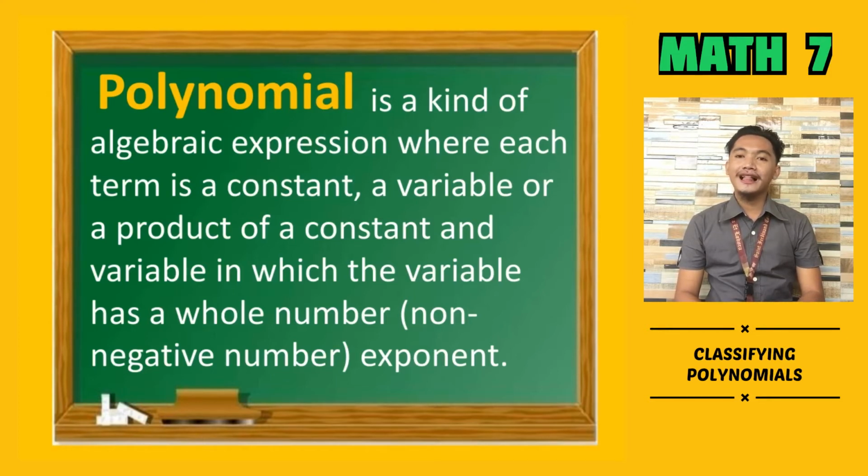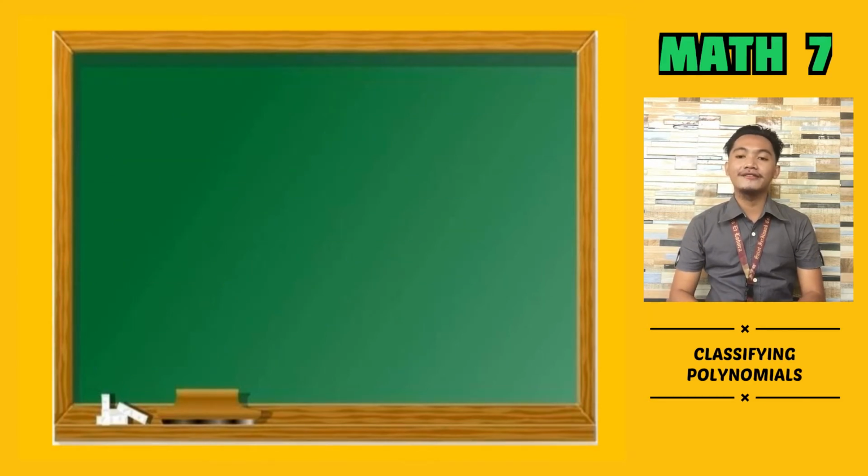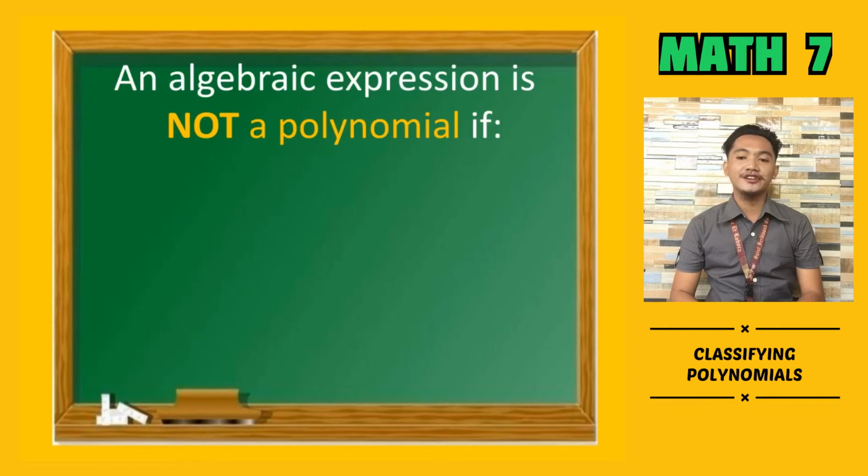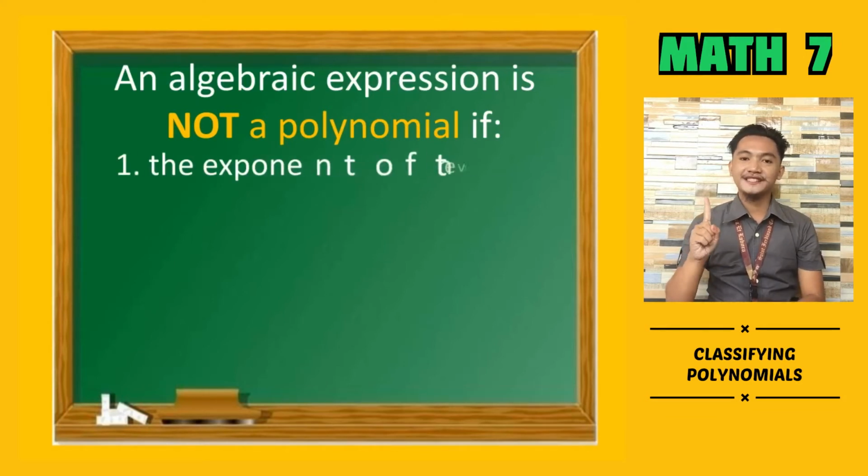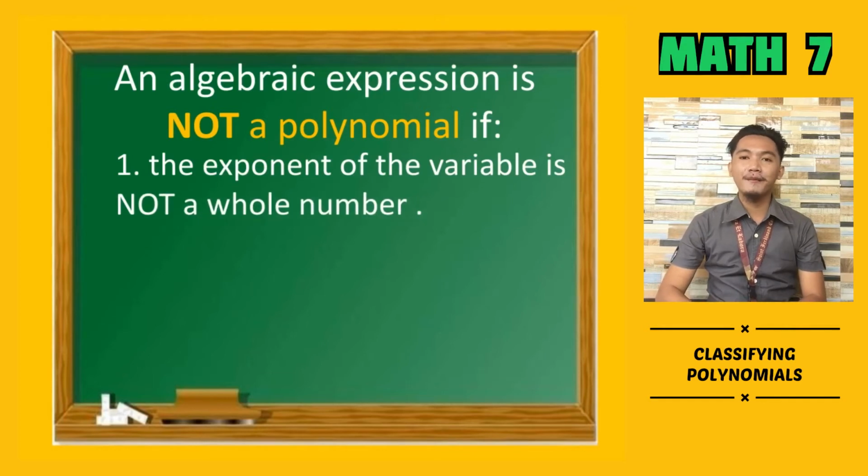Actually, not all algebraic expressions are polynomials. How can we identify if the given algebraic expression is not a polynomial? Well, there are three things that you should remember so that you can easily identify if a given algebraic expression is not a polynomial. First, the exponent of the variable is not a whole number.